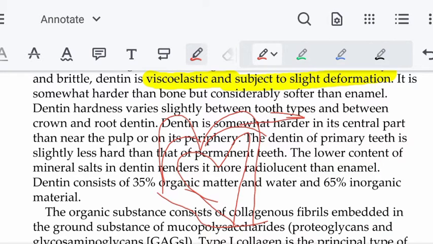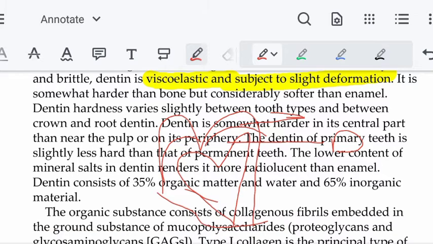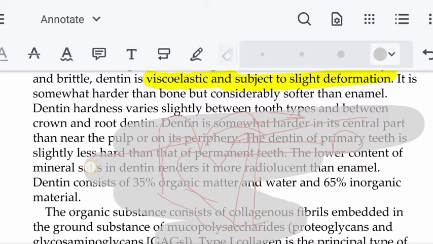So in the dentin there are three components. One is the pulpal area, the other is the middle dentin, the other is on the periphery. So dentin is harder in the middle area.